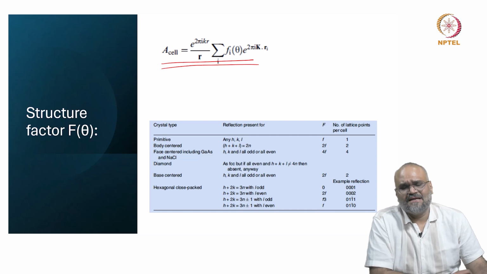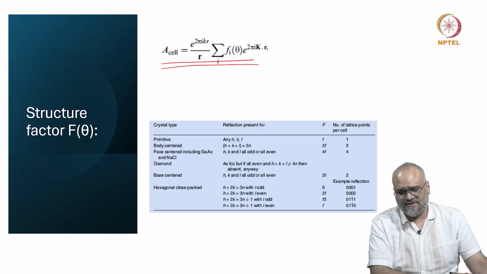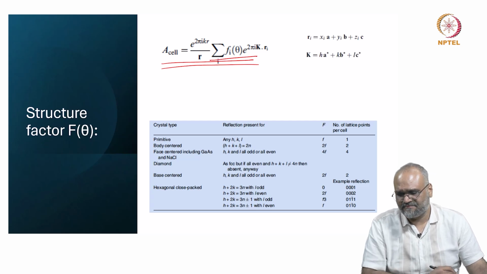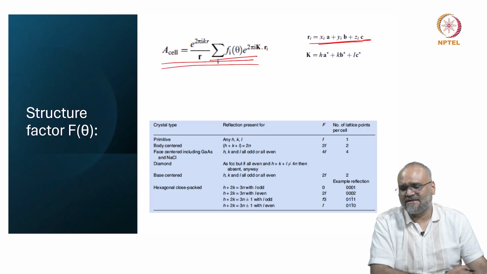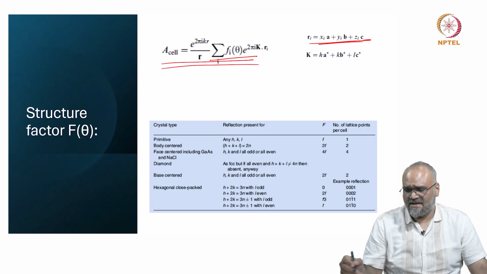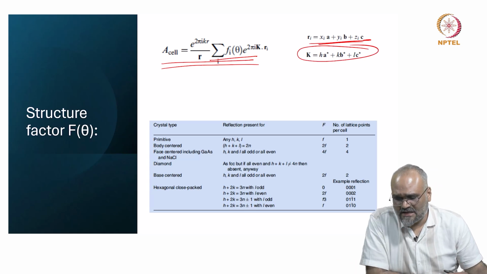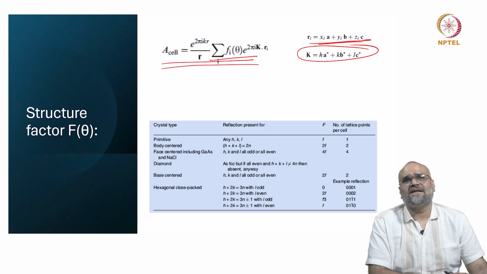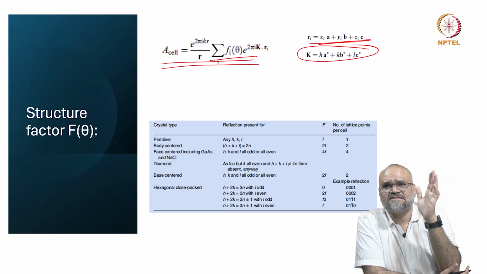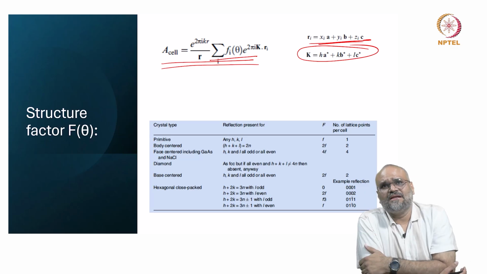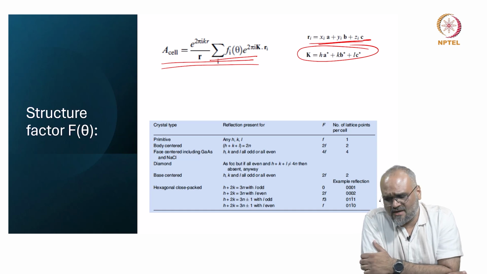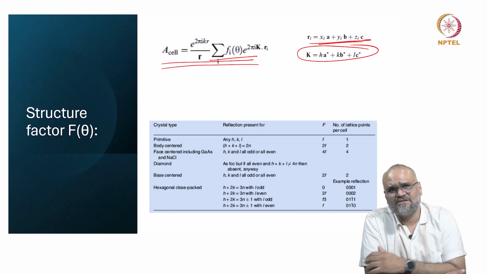I have given you this in an integral form earlier, but you can write the resultant amplitude from a cell as an expression like this, where the position vector gives you the positions of the atoms that are occupied within a crystal structure, and this is my reciprocal vector, and you can see that I can easily relate from the real space positions of the atoms to the reciprocal lattice, or the image that I record, or the diffraction pattern that I record, which is again information in the reciprocal space.